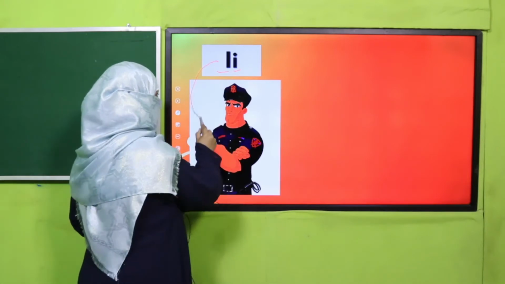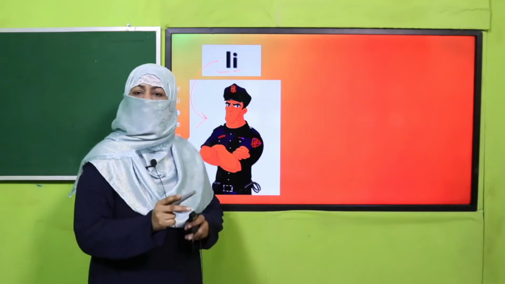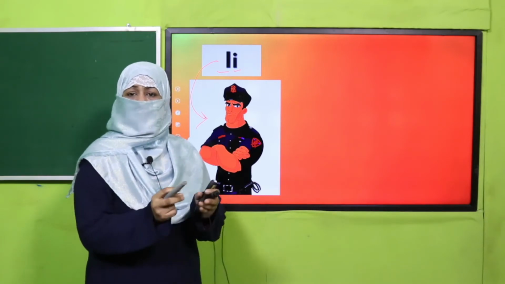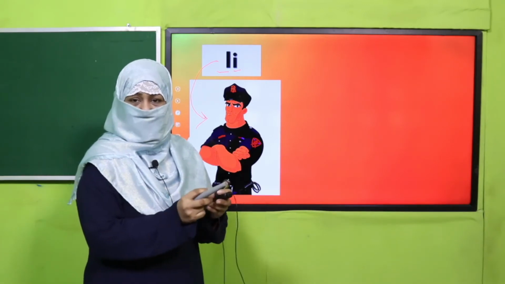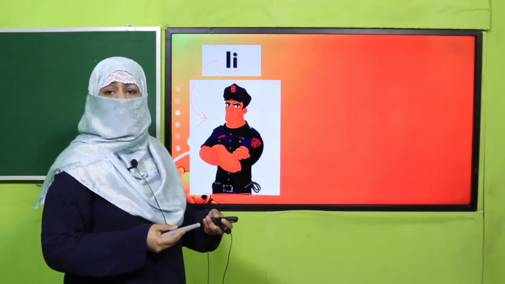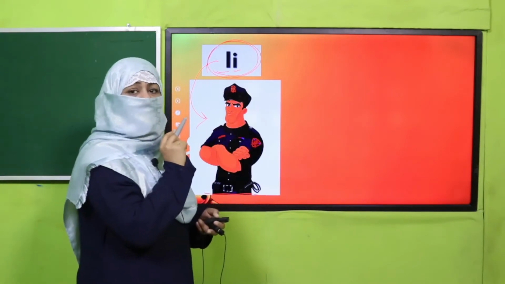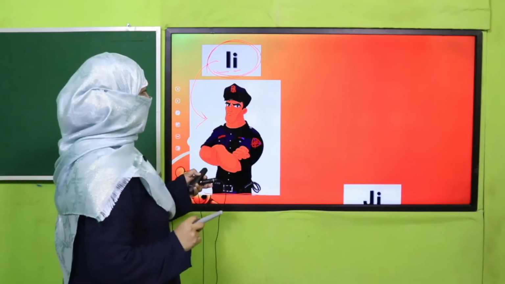It's a naming word for a person. So beta, that's why I tell you every time you keep practicing, every concept is linked. We are again learning naming words, but now we are practicing it with letter sounds.